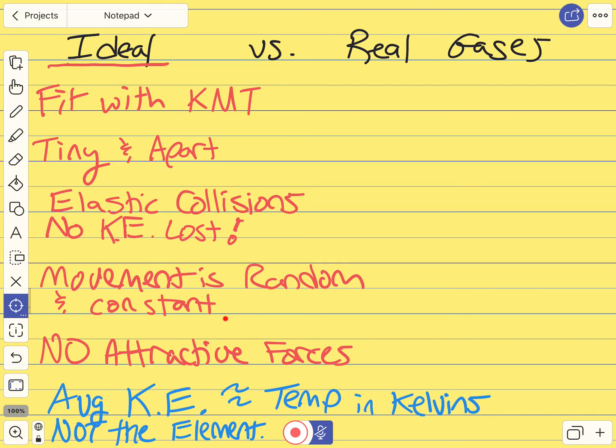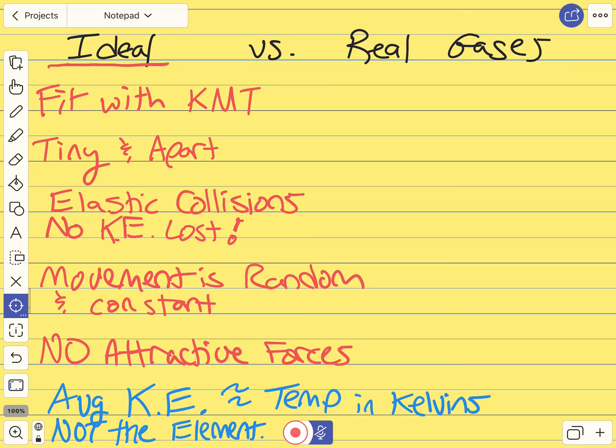Remember, if the movement is not constant, then we're forming a different state, whether liquid or solid, or they're going to start coming together and they're going to start having attractive forces. So we want them to be moving fast, ricocheting, and no attractive forces.